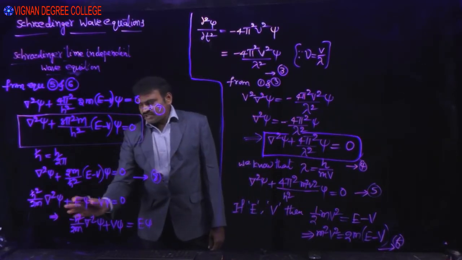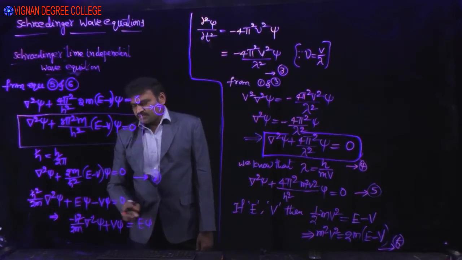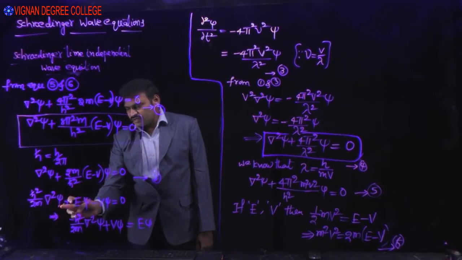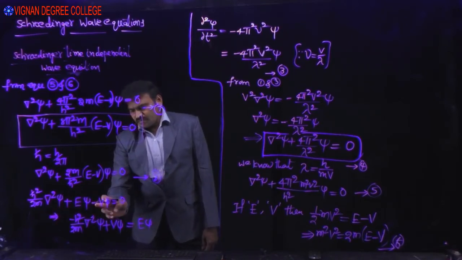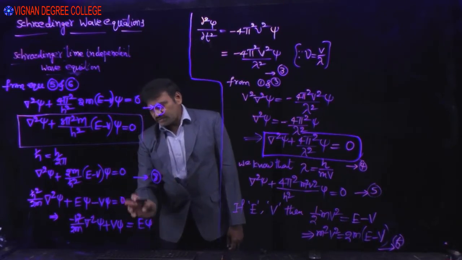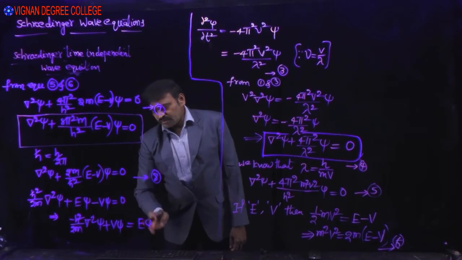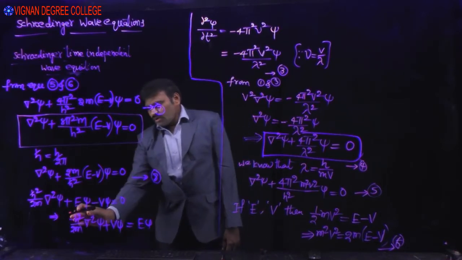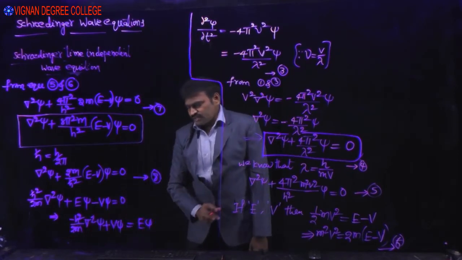Multiply this equation with minus: minus h cut square by 2m into del square psi, plus into minus becomes minus E psi, minus into minus plus V psi. Here minus E psi, when we move it to the right side, becomes plus E psi. So minus h cut square by 2m del square psi plus V psi is equal to E psi.